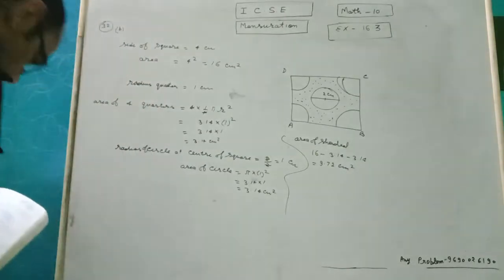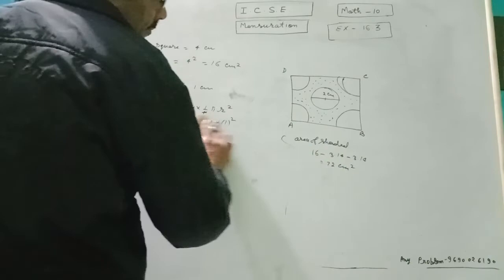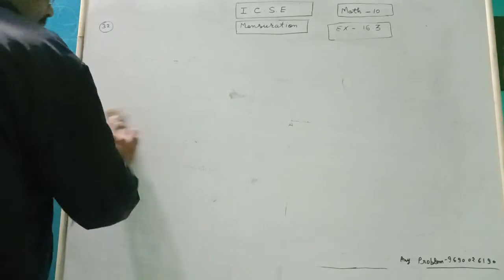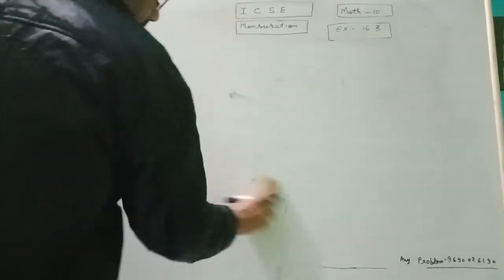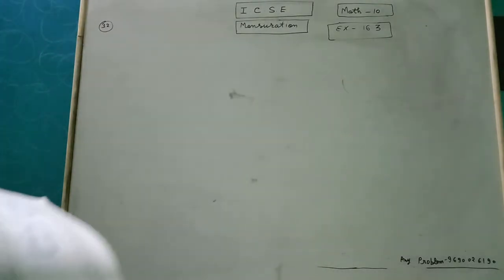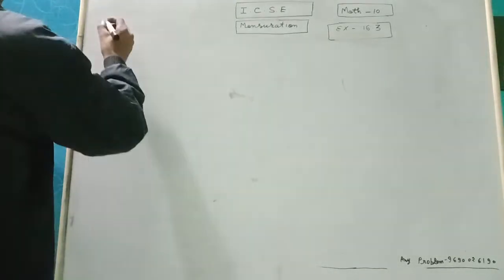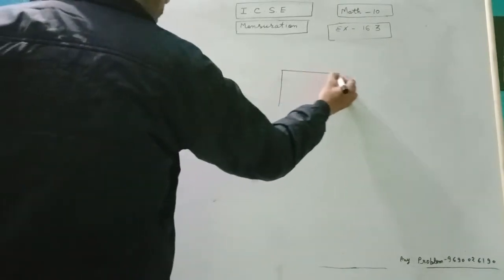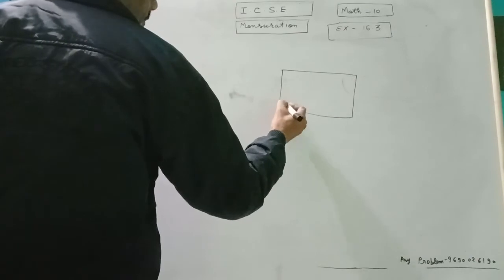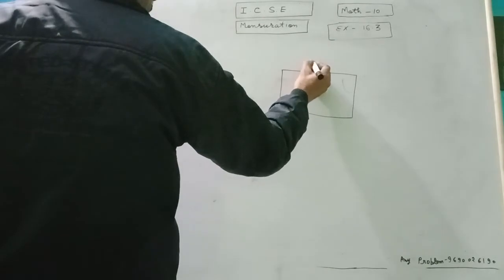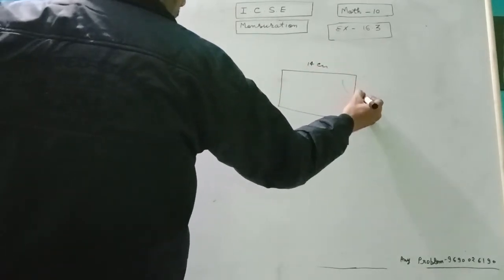Question number 33. A part is a rectangle as shown in the figure. Rectangle is 14 into 7 cm.